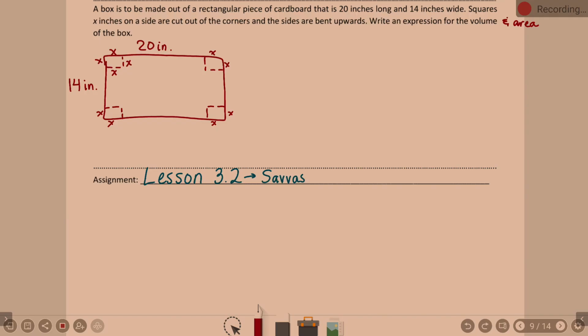Our job is to find the volume of the box. So, before I go too far here, the volume of a box. What's the basic volume formula for a box?